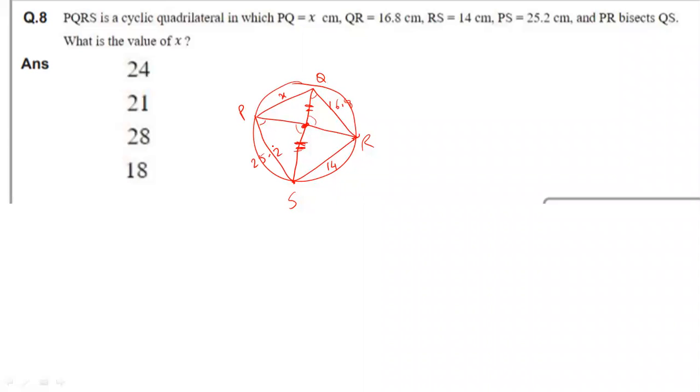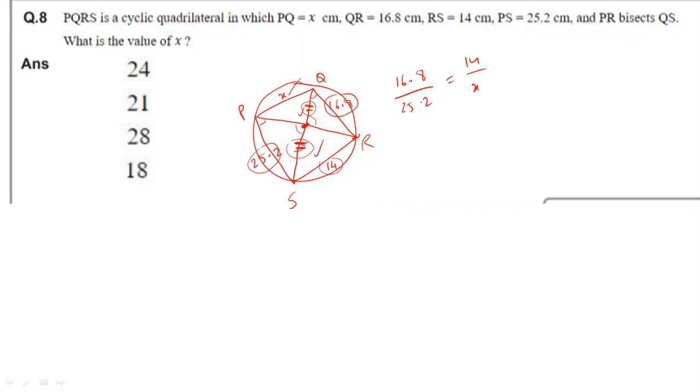So by taking that, I can say this 16.8 and 25.2 should be in the ratio of this and this. Same way I can say 14 and this should be in the ratio of this and this. So finally I can say 16.8 and 25.2 are in what ratio? 14 and XR also should be in the same ratio. I'm using similarity of triangles here.